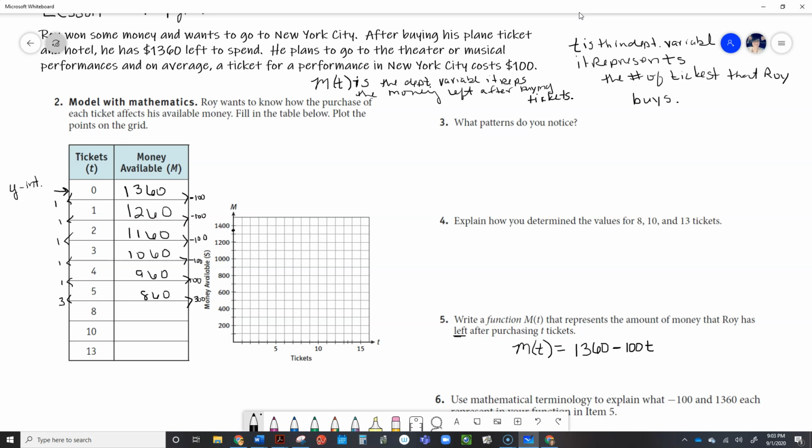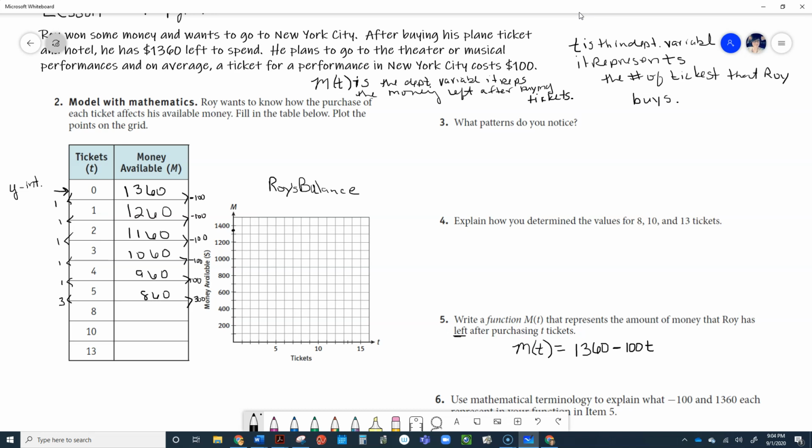I'm going to call it Roy's balance. If you've never had a checkbook, you may not know what I mean, but a balance is how much money he has left. So this is Roy's balance, or you could put how much more Roy has left. That's too many words for me to write.